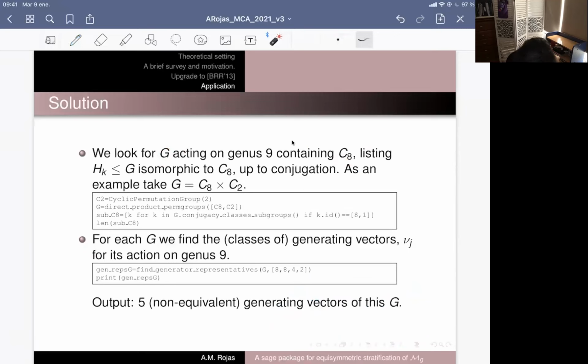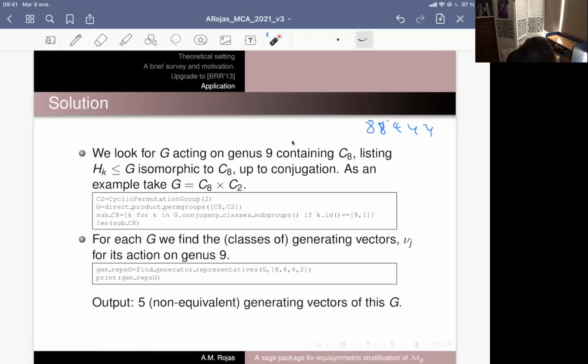We have 4 generating vectors, and the signature of each one is 8, 8, 4, 4, 4. So we look among all the groups acting on genus 9 containing CH, restrict the action, and study.